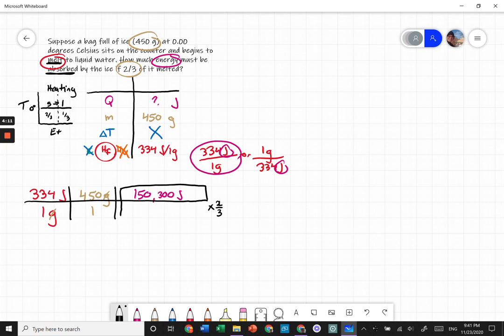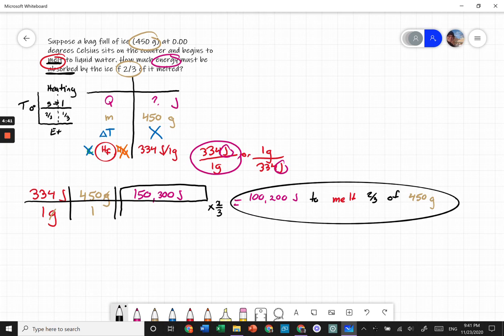If I multiply that by 2/3, the answer I'm going to end up with is 100,200 joules to melt 2/3 of 450 grams. So this is definitely one way we can represent what we're looking for.